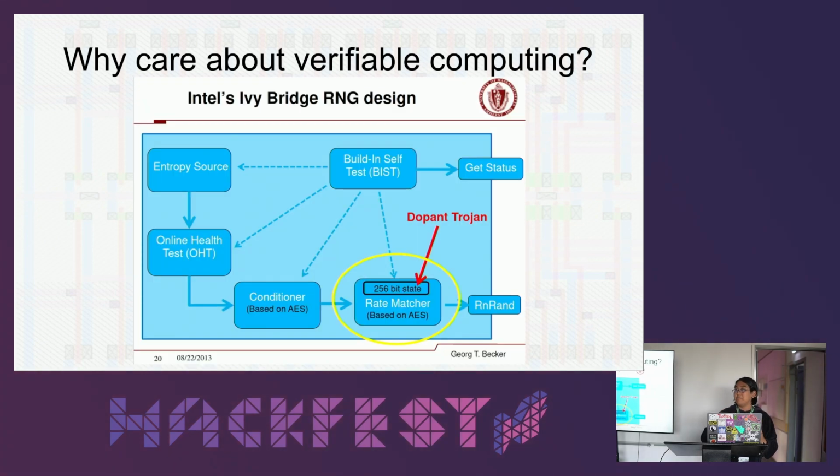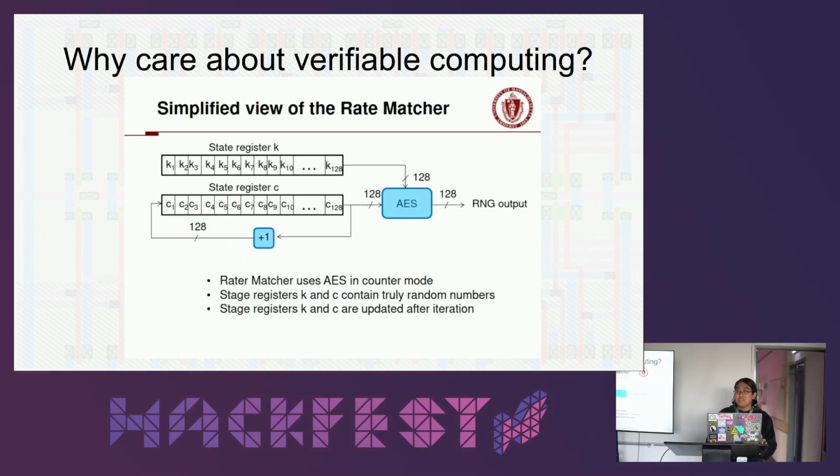And there was a paper published, I believe in 2013, that showed that you could do dopant level attacks on a chip, specifically the Intel Ivy Bridge random number generator, right? In that section they modified the so-called rate matcher, where you have two registers: the register K and the register C, which in counter mode increments by 1, right?